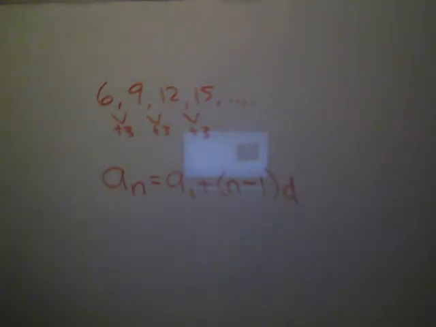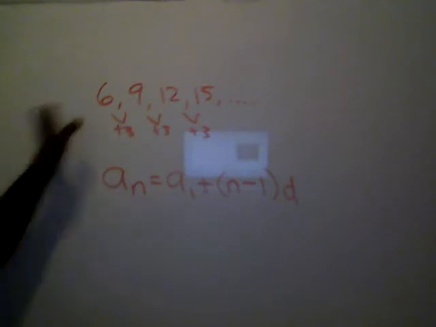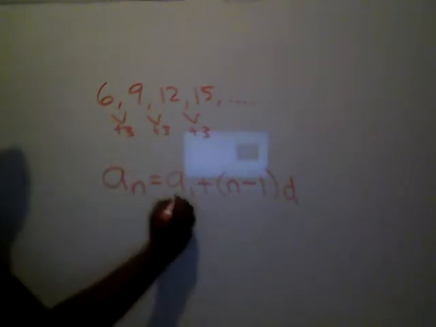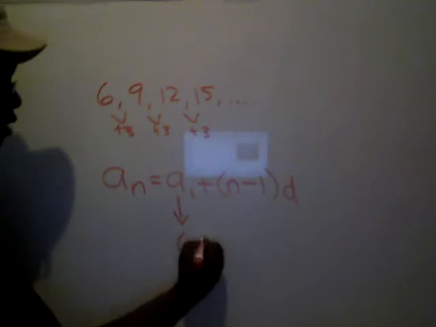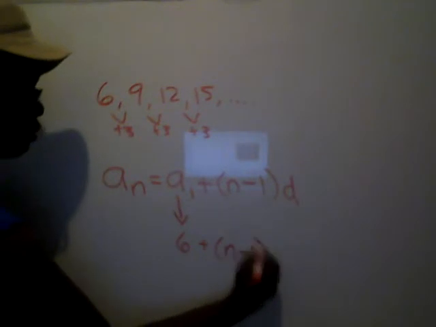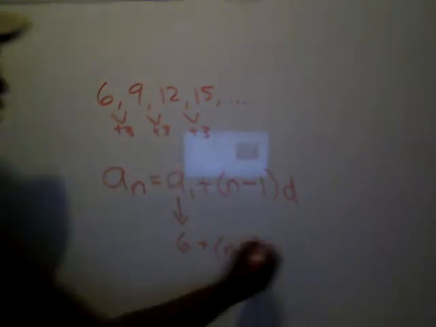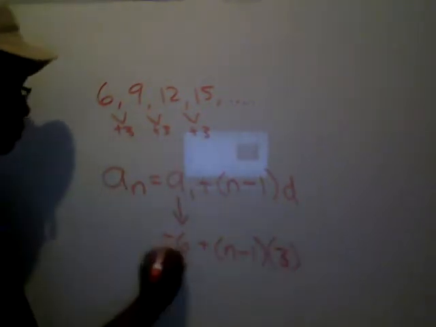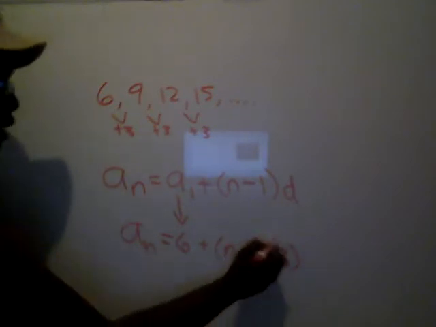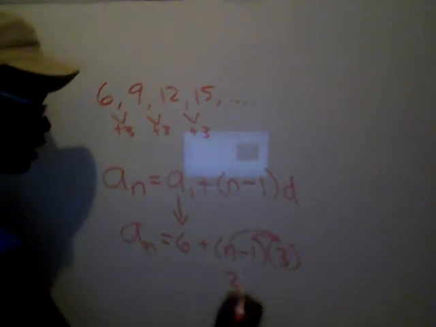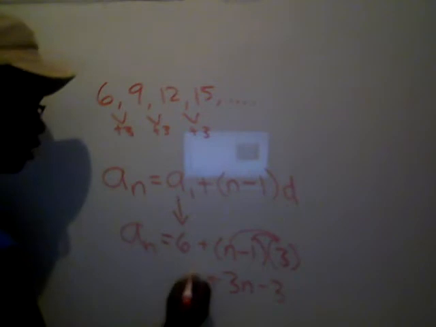So let's come up with a rule to fit this in case someone would ever want to recreate this sequence. So the first term is 6. We're going to keep the n minus 1 in place. The d value, that's what we're adding or subtracting each time. The d value is 3. So if we distribute this, we get 3n minus 3.